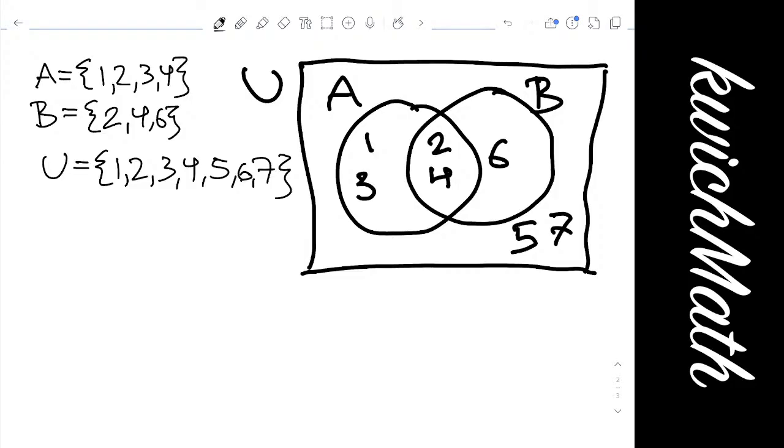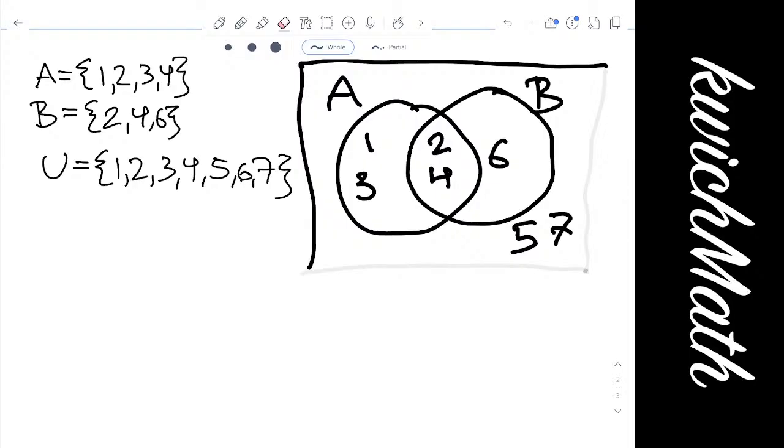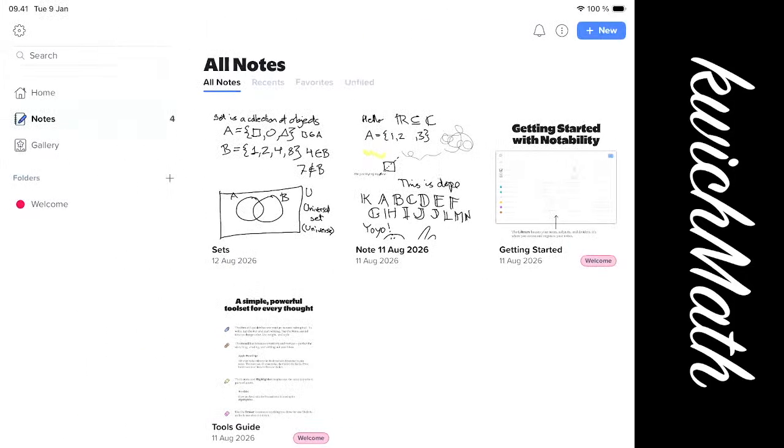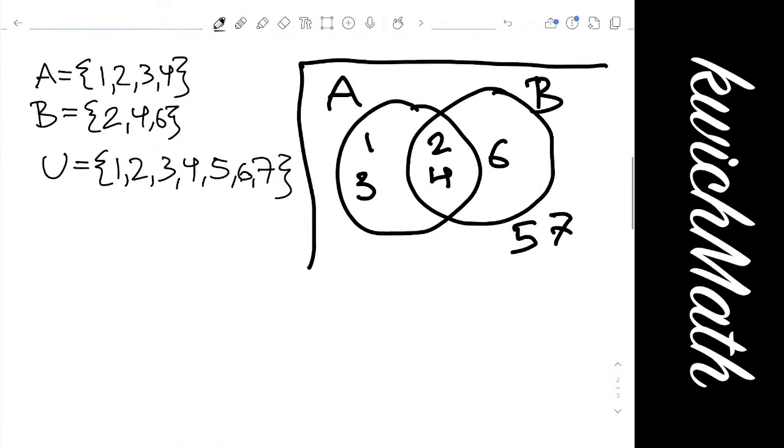So the first, just a minute. Let me just add the U over here. That sucked. That totally sucked. Is this the undo? That was certainly not the undo. Okay, let me just redraw it for now.